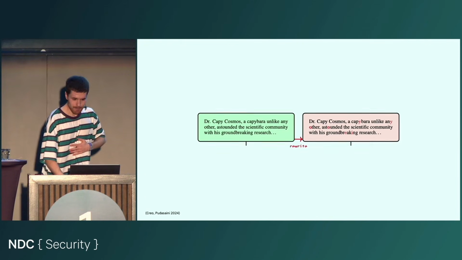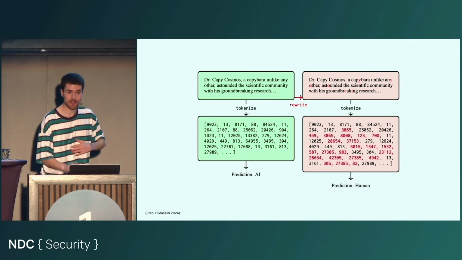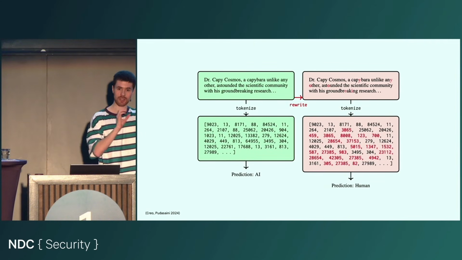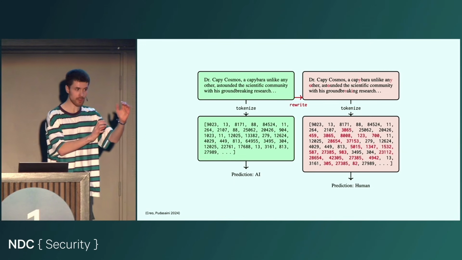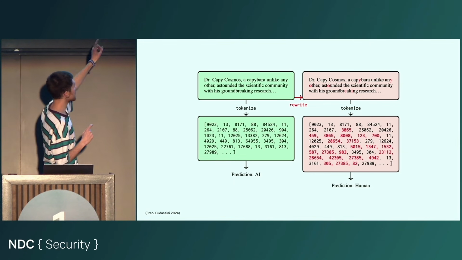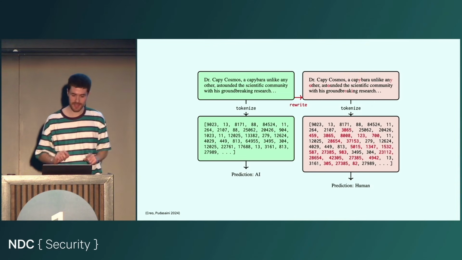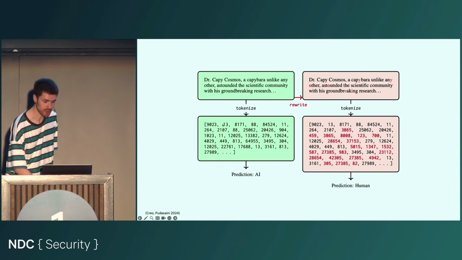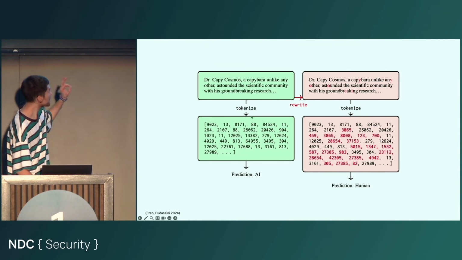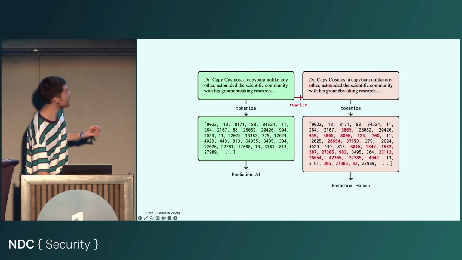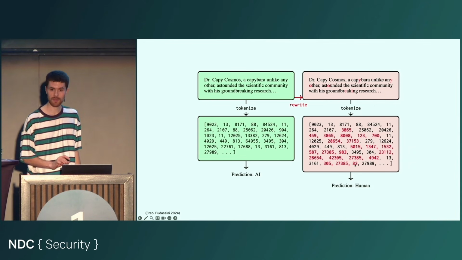Well, when we tokenize the text, and that means when the system starts to process the different words, it's gonna give me different representations. And specifically, what happens is that I get a lot more tokens. For the same text, I get a lot more elements in the list. Why?